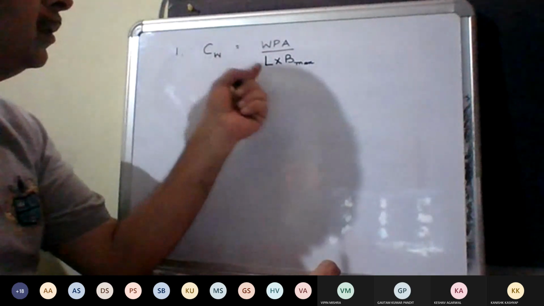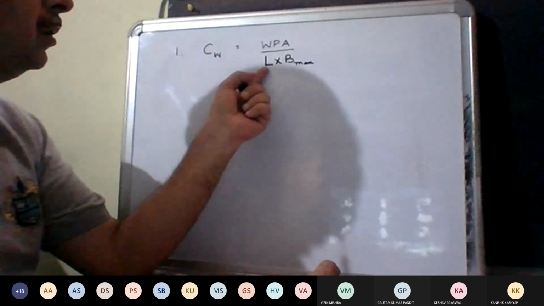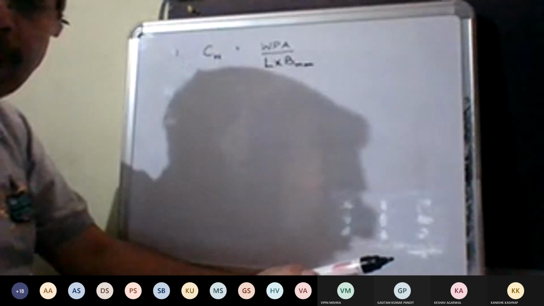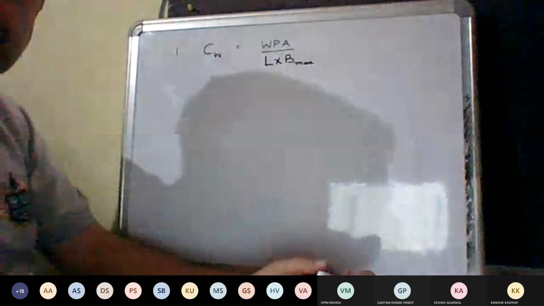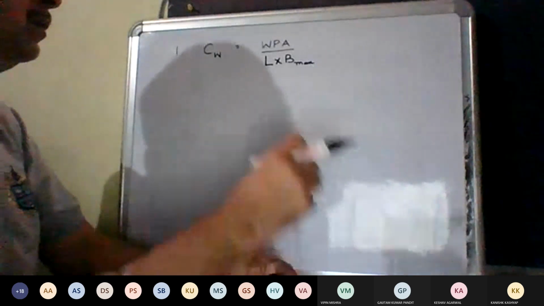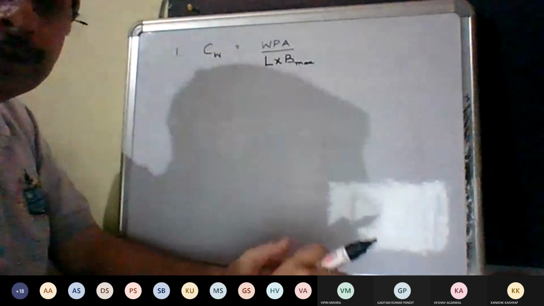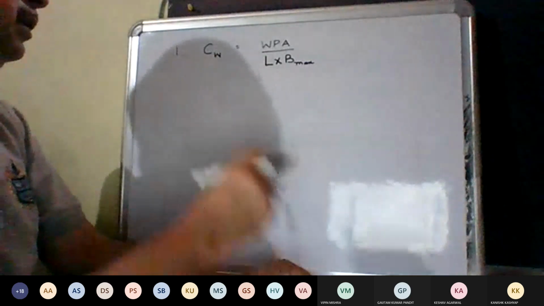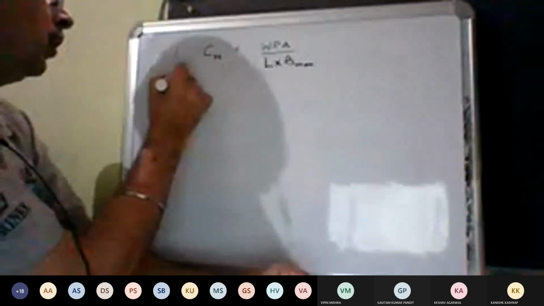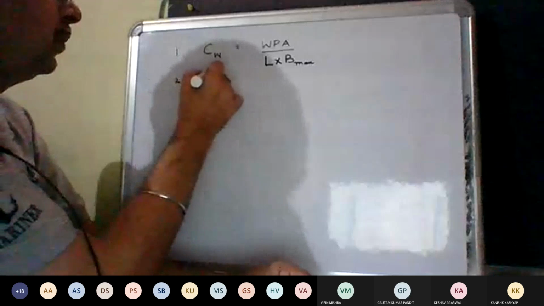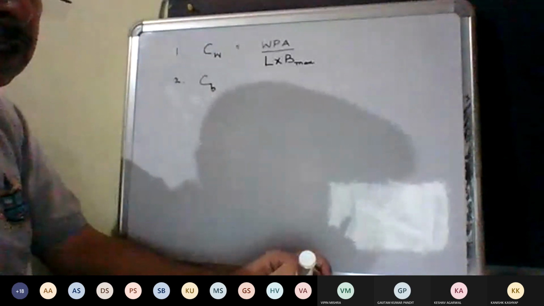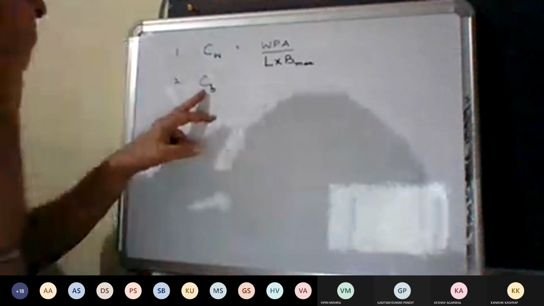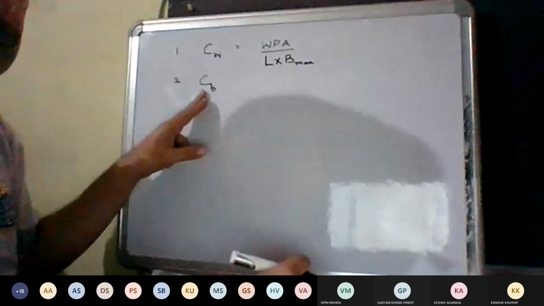Water plane area upon a rectangle having the maximum length and maximum breadth gives you CW. Then there is one more coefficient, popularly known as block coefficient, CB, also called coefficient of fineness of displacement.